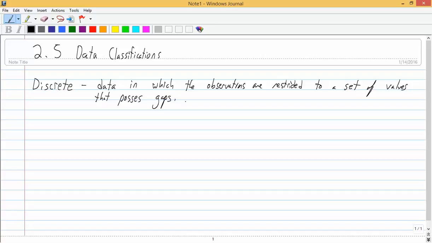Okay, so let's think about what that means for a second. For example, if we took the heart rate of everyone in here, usually heart rate is given as 80 beats per minute or 60 beats per minute or 120 beats per minute. If you work out, usually there's some type of heart rate goal that you're working on.